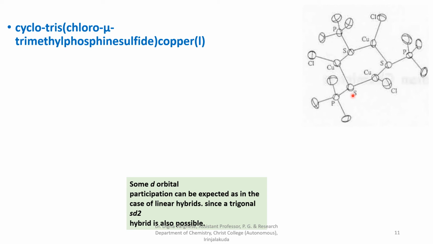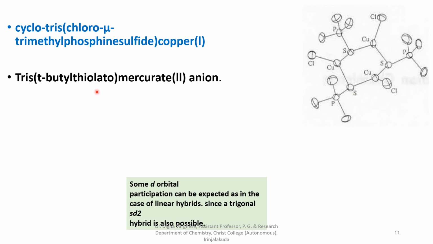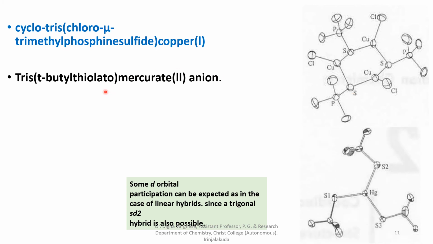We know for coordination number 3, the hybridization is sp2, but some d orbital participation can be expected as in the case of linear hybrids, since a trigonal sp2 hybrid is also possible. Another one is the tris(tertiary butyl thiolate) of mercury(II) ion.